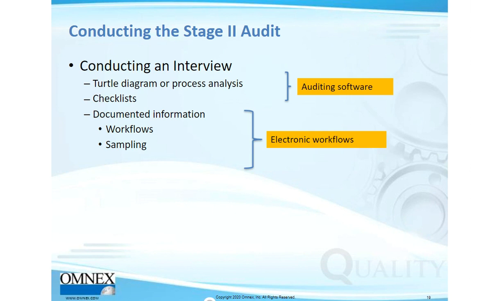And now, in continuing this discussion on documented information for an audit, the next part of this is stage 2. So when conducting an interview, the audit software can have the total diagrams of process analysis and a checklist that the auditor needs to do the audit. And also, one of the things you'll see we talk about at the very end is the auditee could also have electronic workflow that really helps speed up and enable these remote audits.